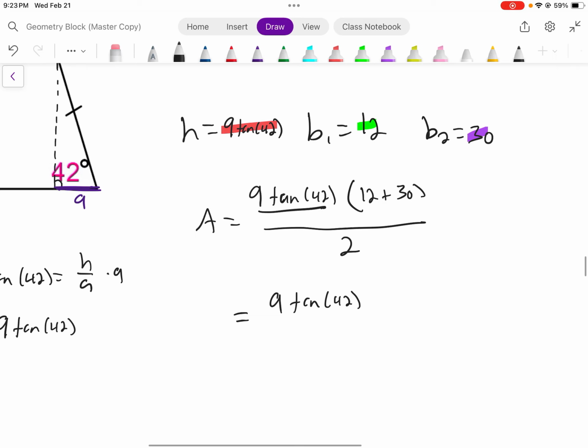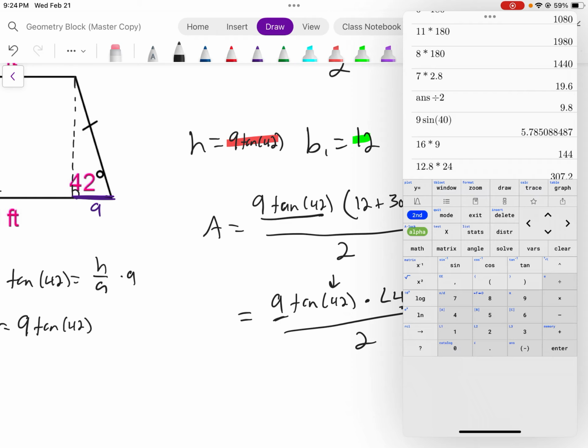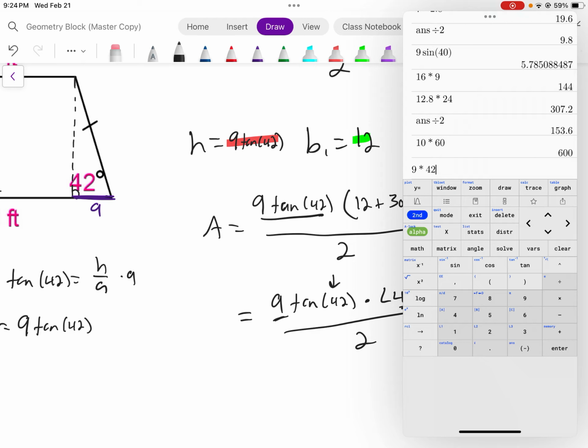So 9 tangent of 42. Now you have to remember, the 42 is the degree. That's your angle measure. You do not mess with that. We're multiplying that by 12 plus 30, so I'm multiplying the 9 and the 42. Let's do that, 9 times 42, just to look at how we simplify these.